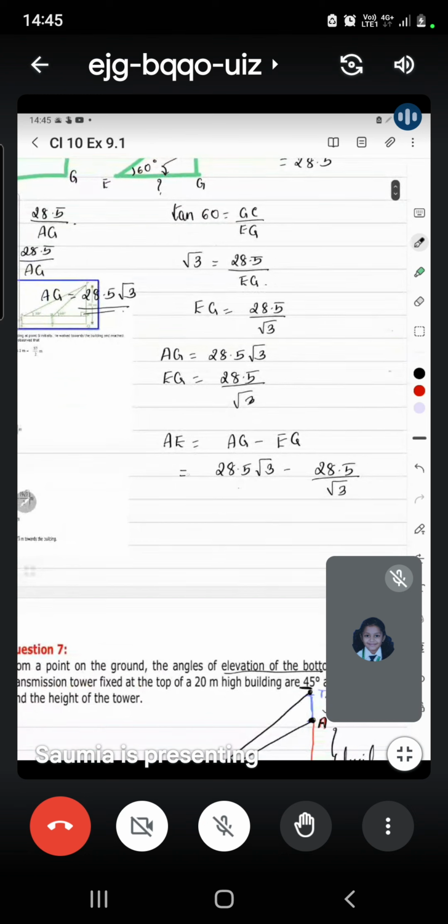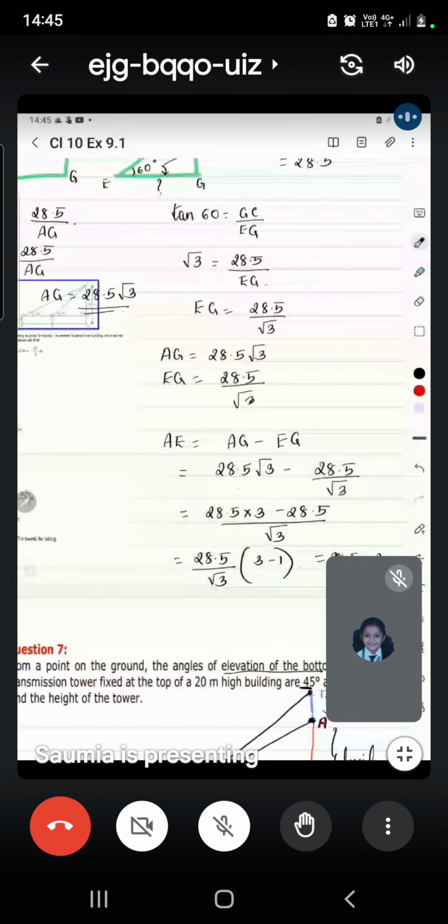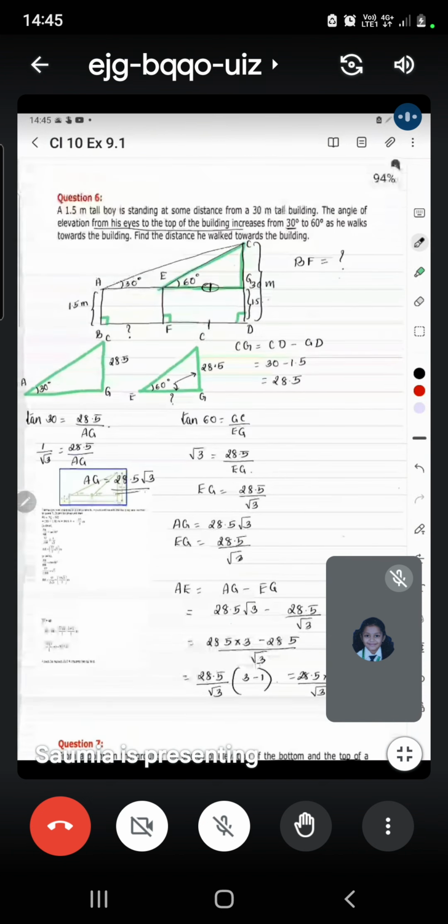Cross multiply. So this will be 28.5 into 3 minus 28.5 upon root 3. Take 28.5 common. So you will get 3 minus 1, correct? So 28.5 into 2 by root 3. Now when you calculate this, you are going to get this AE, correct?